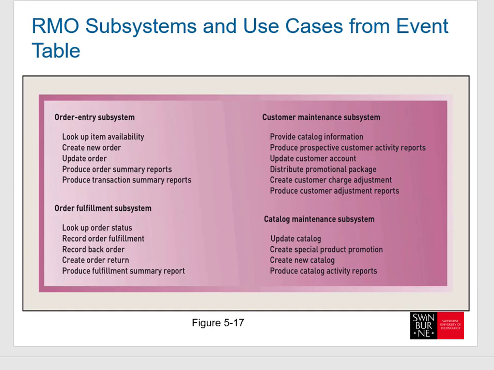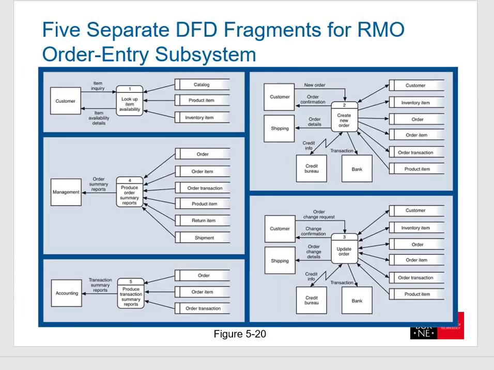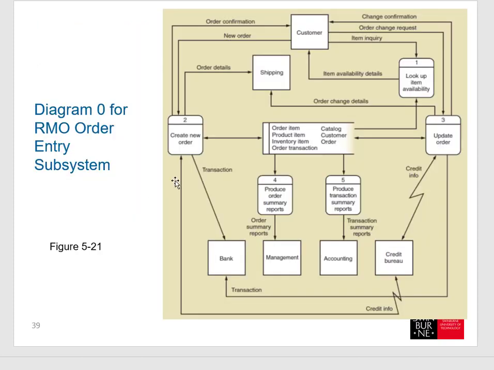So what the business analyst does, they created a kind of a context diagram, and then this context diagram is based on these DFD fragments. So each event represents one fragment. Once you combine these fragments, you can construct the level 0 diagram, right?